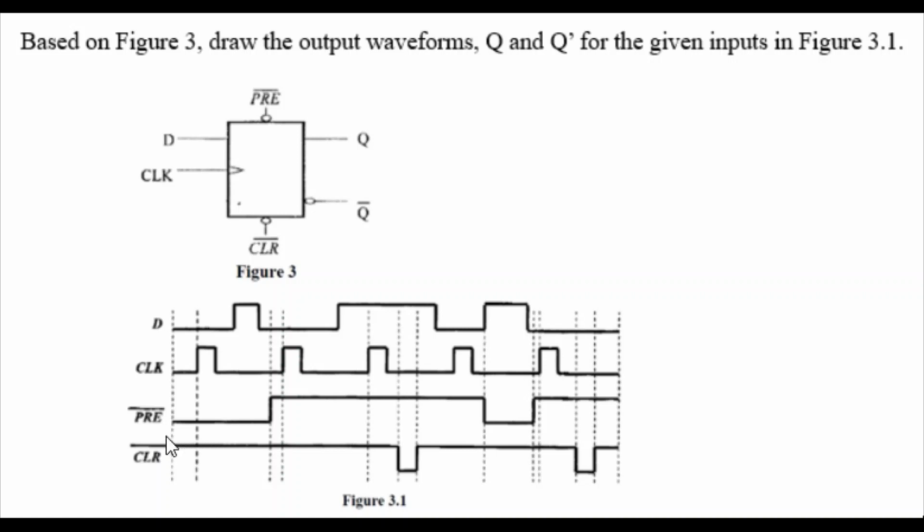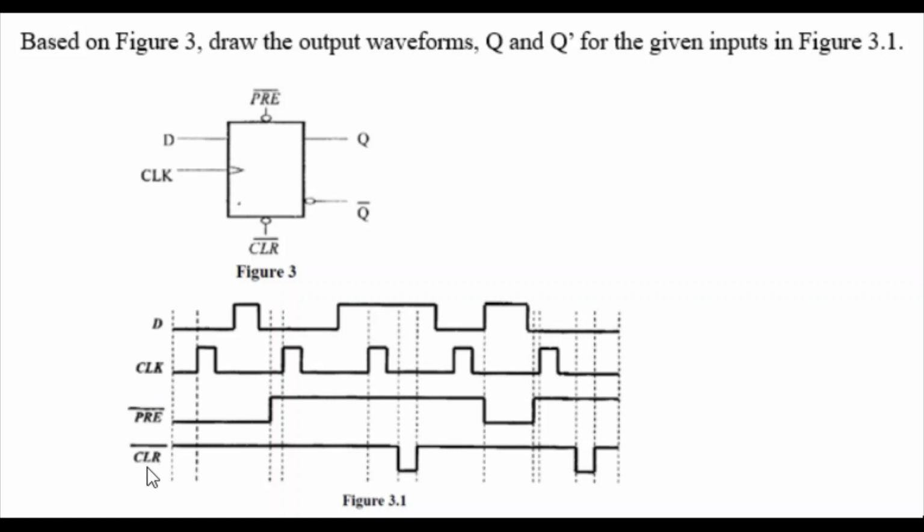Remember, clear and preset will not be simultaneously 1. Now the priority: the clear command is first priority, the preset command is second priority, and the third priority is given to the clock.